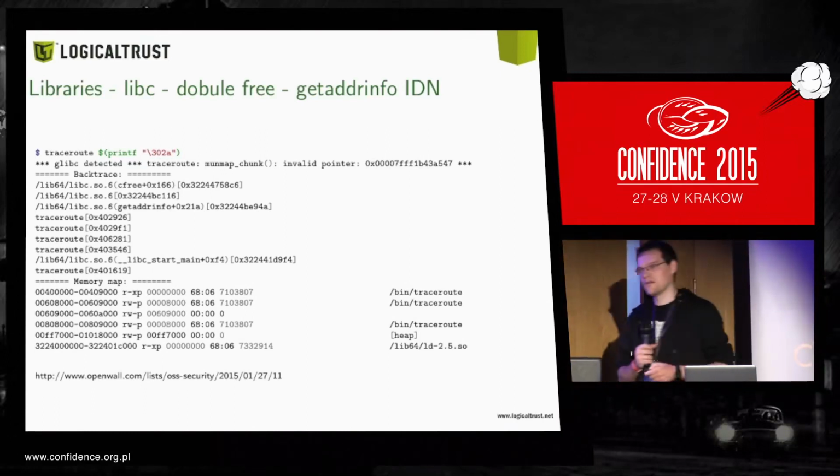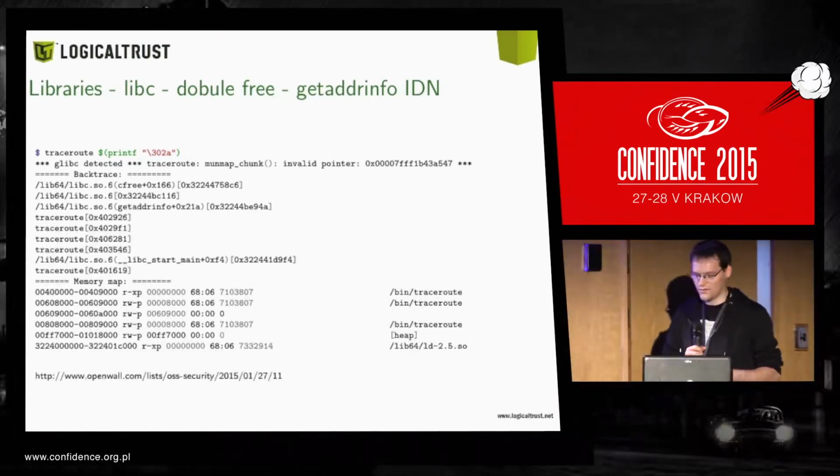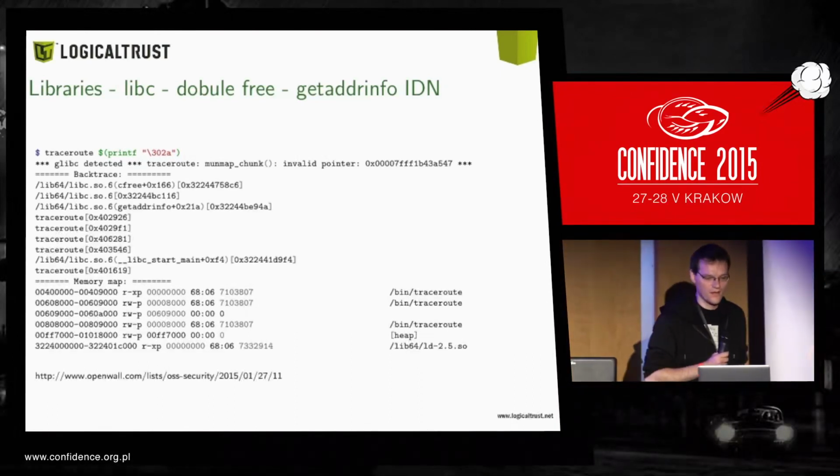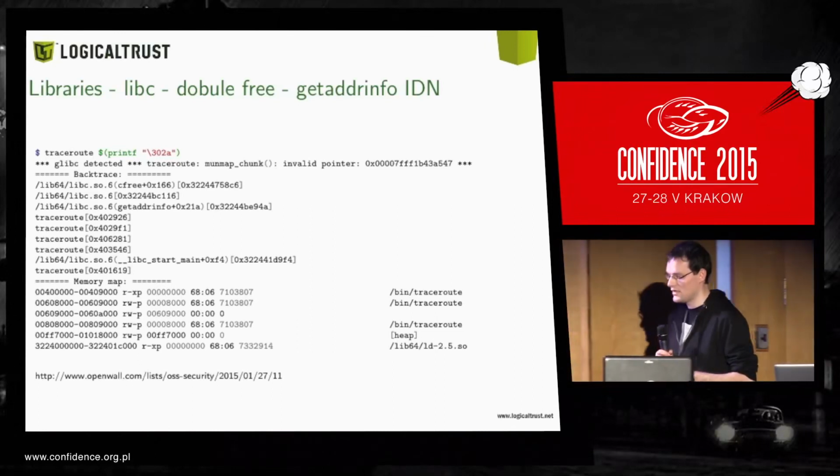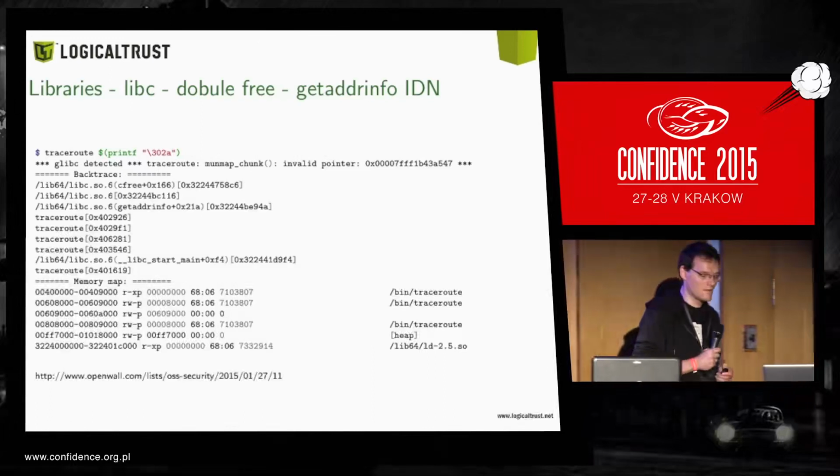Regarding libc, there is a fun story behind that, because we found a bug during last year's DEF CON qualifications. We downloaded the binary and ran it on our test server.